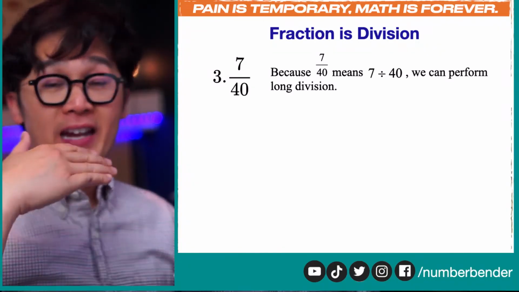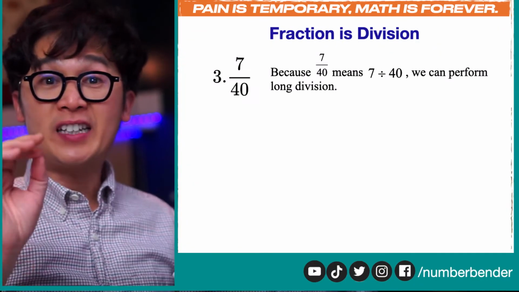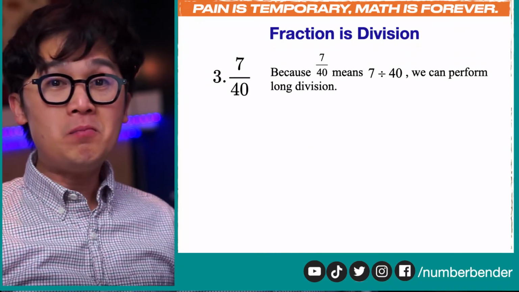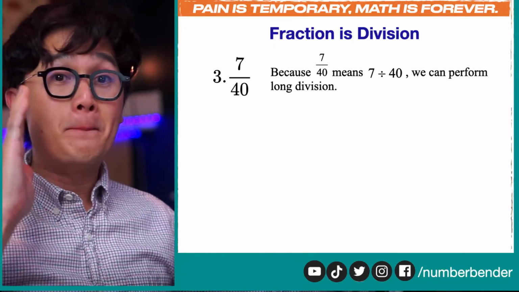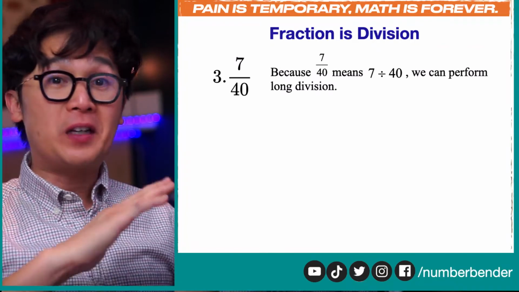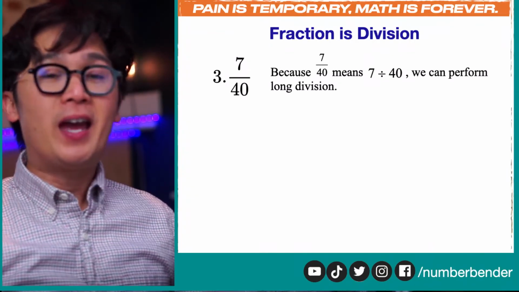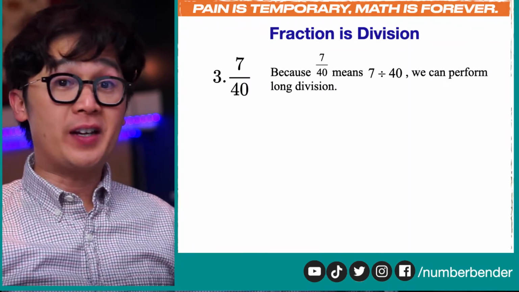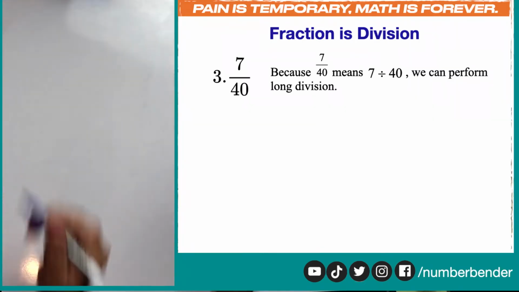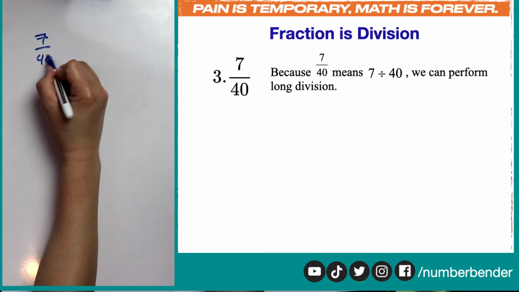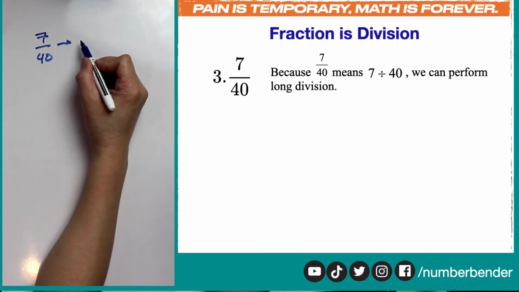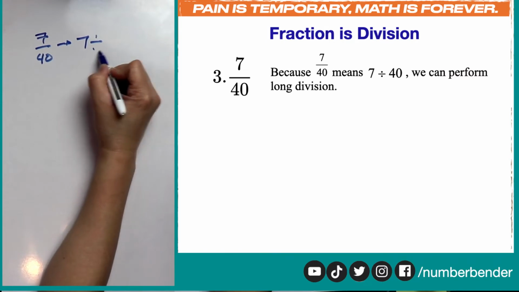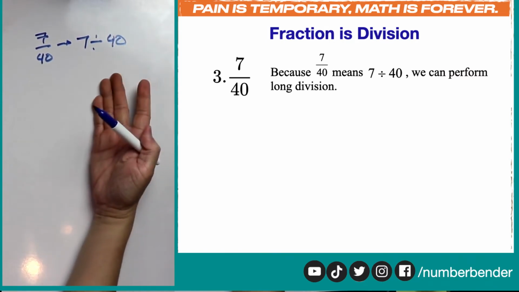Now, like any math problem, some questions are easy and fast to solve, and some can be a little bit tedious. And this is one example of a problem that can take a little while to finish. So let's start changing 7 over 40 into its decimal form, and we know that 7 over 40 is another way of writing 7 divided by 40.